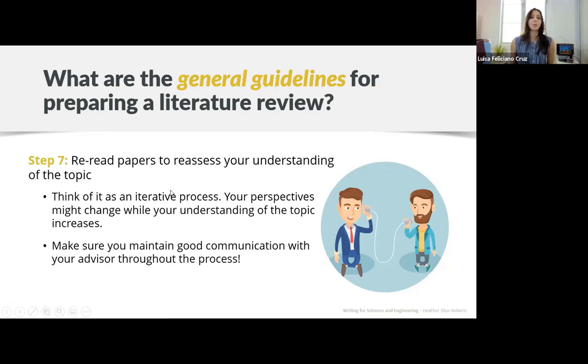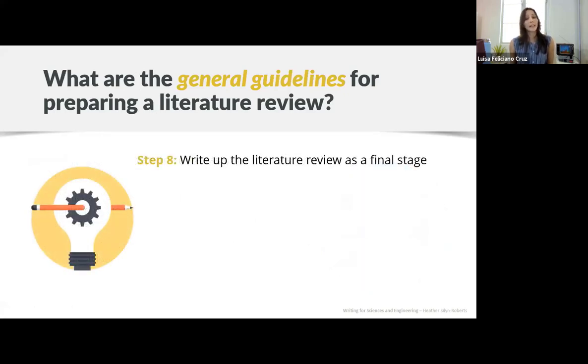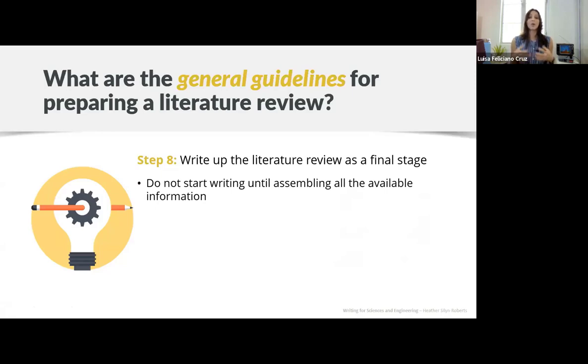So that's important. Step 8, then you write the review. It is recommended that you do not start writing the review right away until you have assembled all your information. Why? Because a review that is written too early will probably need a lot of rewriting. If you organize your sources and then you need to add more, or you need to add another subtopic, you're going to need to rewrite a lot of stuff.